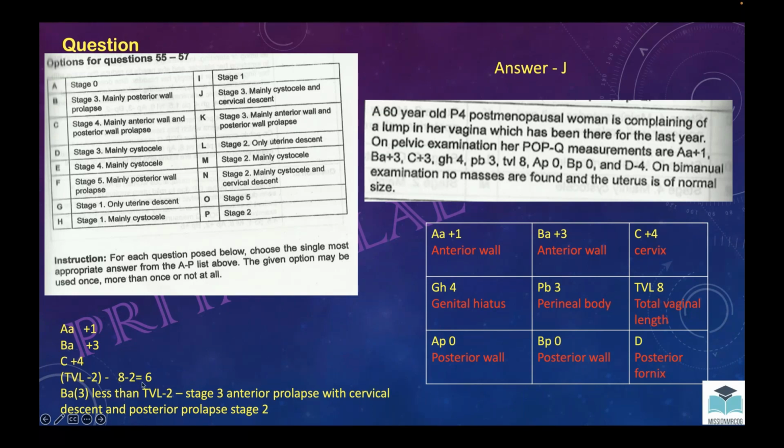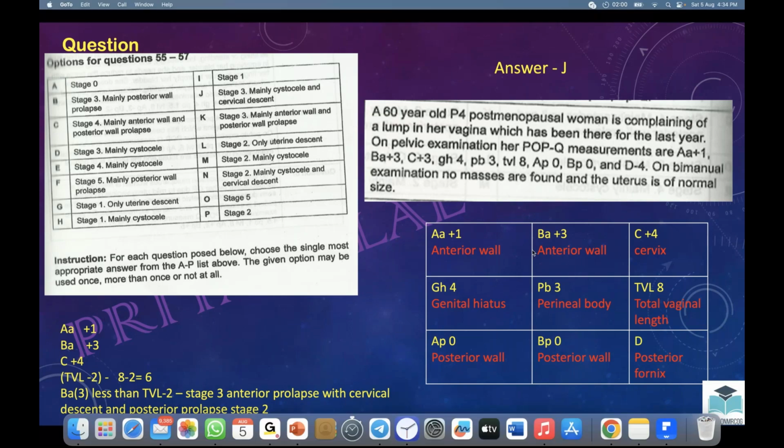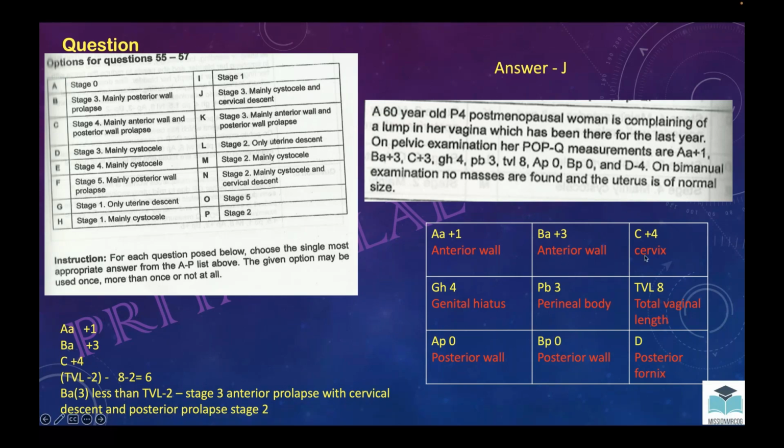This is also less than TVL minus 2. So the anterior wall and the cervix are stage 3. The posterior wall is at 0, so the posterior wall is stage 2.